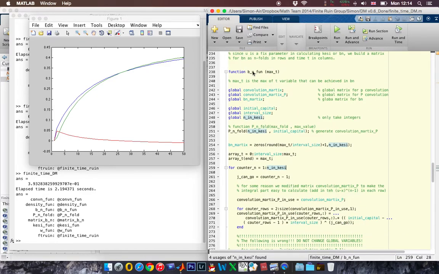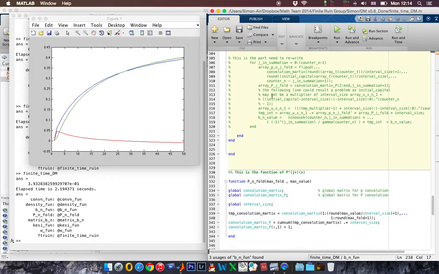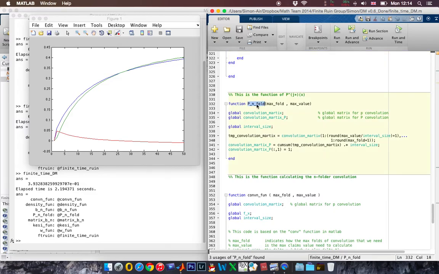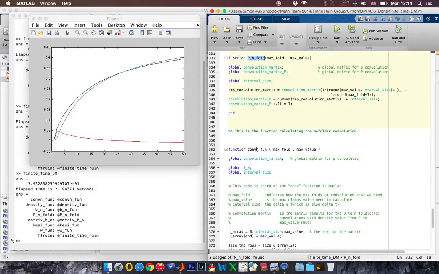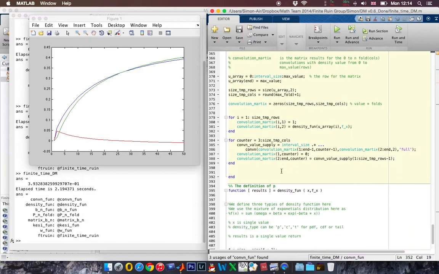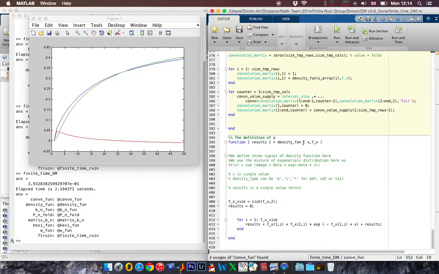That said, even below this Bn function, we have a Pn fold function and a convolution function, and the rest are just the density functions resulting from fx, the density of your claims.